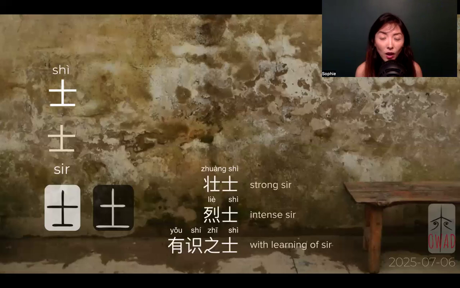Okay, 有识之士, 有识 means with learning, means people who are well educated. 知识. So 知 is the English equivalent of knowing, but of course the sequence of describing versus described is reversed. So it would be correctly translated as sir or person of learning.